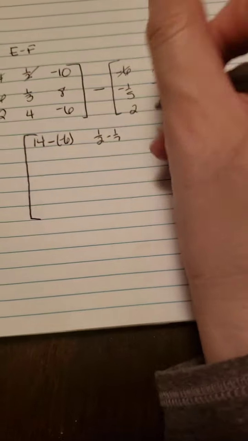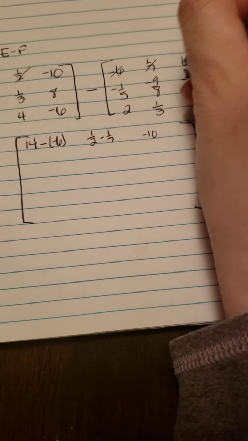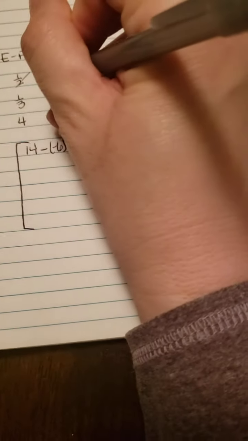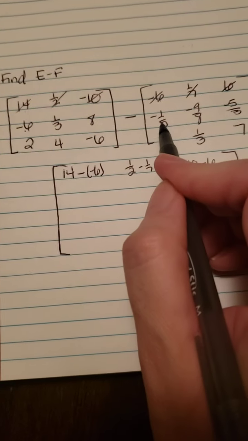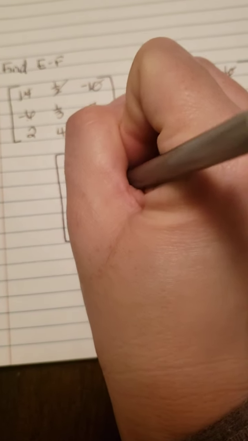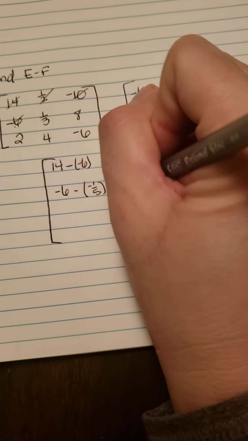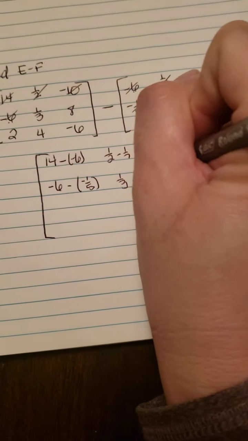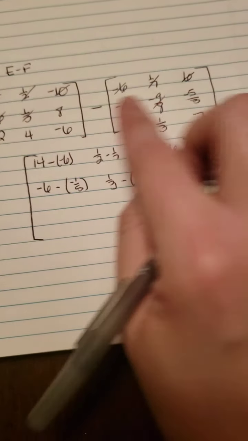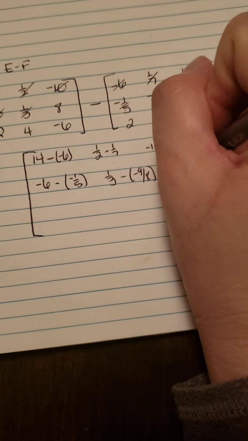I'm going to do negative 10 minus positive 6. Negative 6 minus negative 1/5. One-third minus negative 9/8. And then 8 minus negative 5/3.